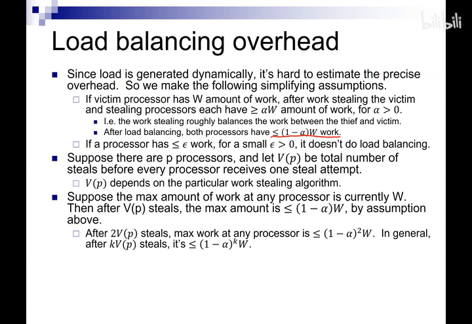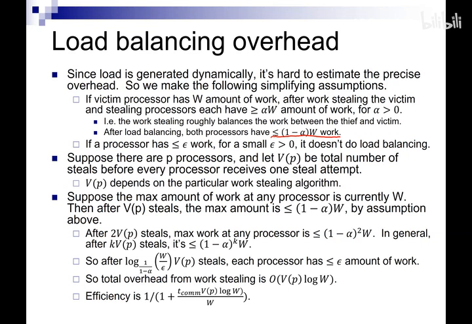In general, if you do k times V of P steals, then the maximum amount of work decreases k times, each time by a factor of 1 minus alpha. So it's at most (1 minus alpha) to the kth power times W. Remember that we're going to keep doing work stealing until all the processors have just a tiny amount of work.